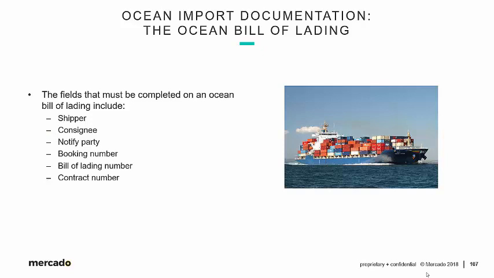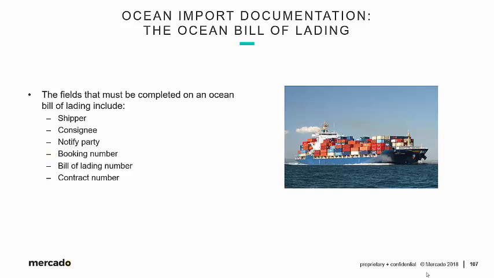A booking number. The vendor is going to have to call or go online, better said, and make a booking at origin. Each booking has a booking number, oftentimes referred to as an SO, a sales order number. That's a booking number. Of course, an individual bill of lading number, and interestingly, at the bottom of this slide, a contract number.